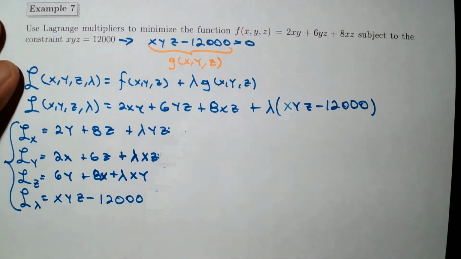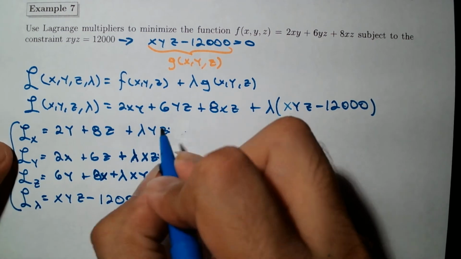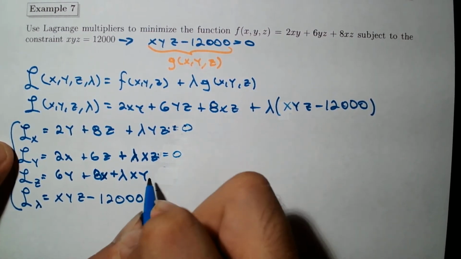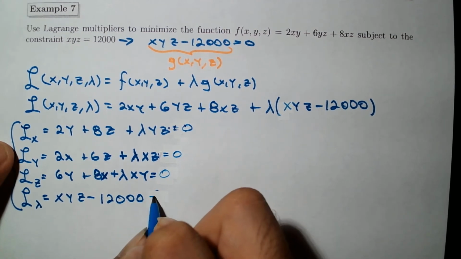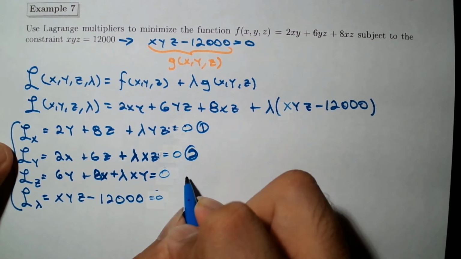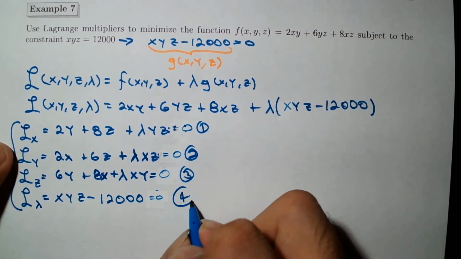I'm making a mess here. I'm going to fix this mess. Equals 0, equals 0, equals 0, equals 0. So let me call this 1, 2, 3, and 4.